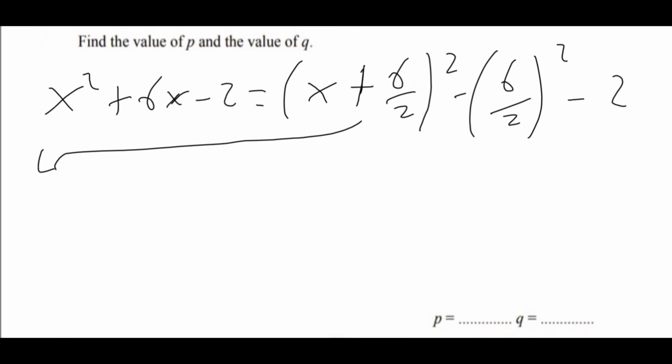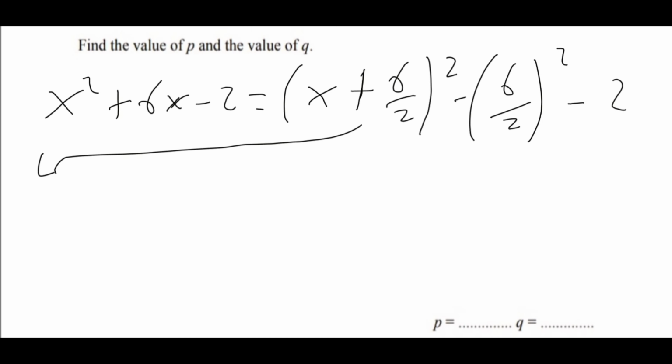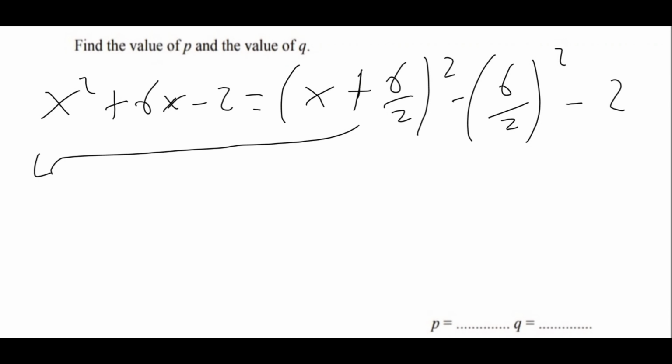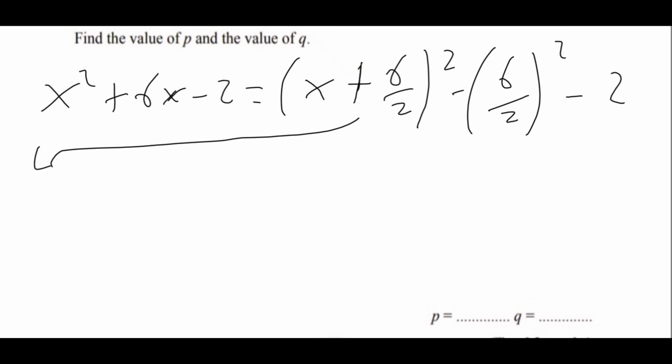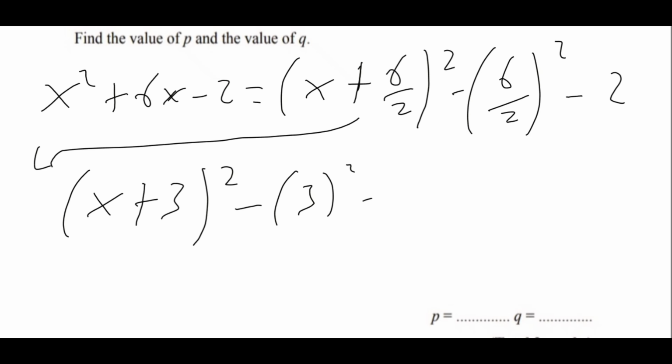We can simplify this now. We'll have (x + 3)², because 6 over 2 is 3, minus (6/2)², which is 3², minus 2.